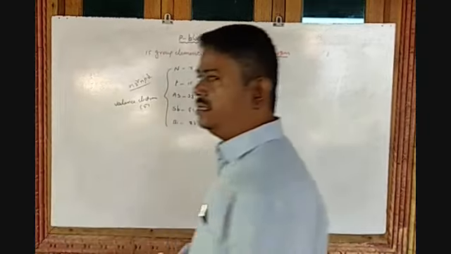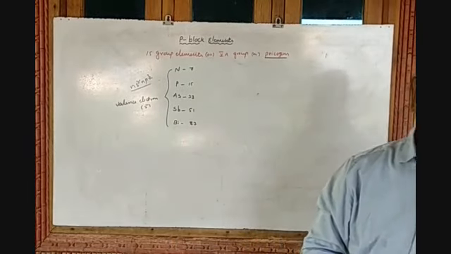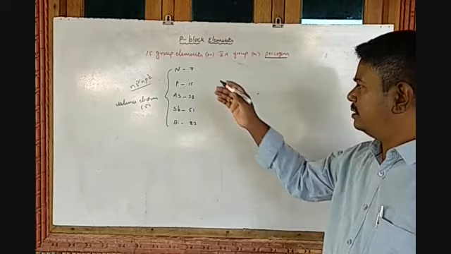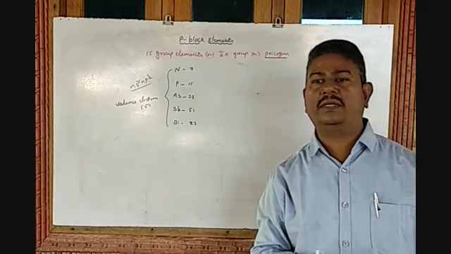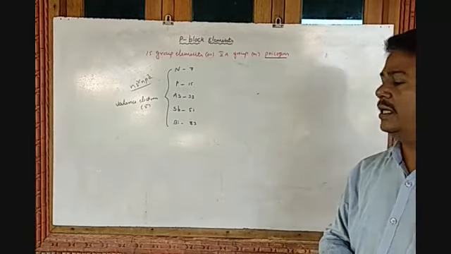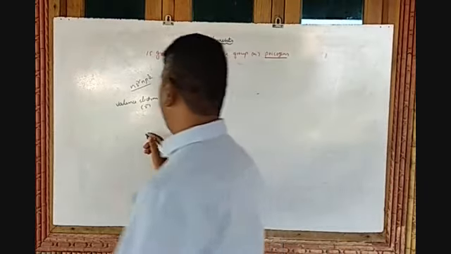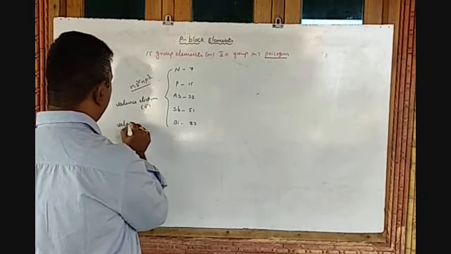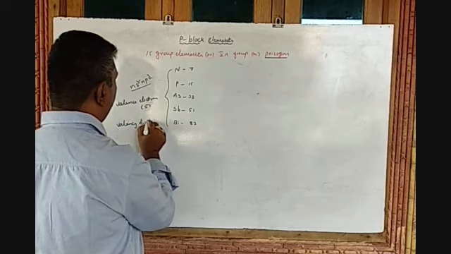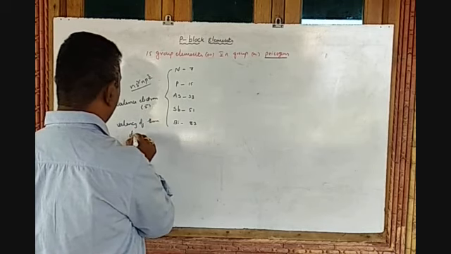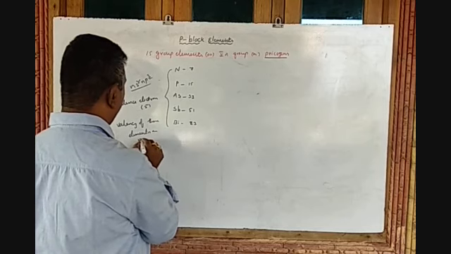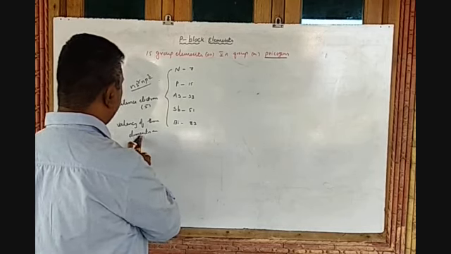How many valence electrons are there? 5 valence electrons in the outermost orbit. And this valency depends upon the group number. So generally the valency of these elements is 8 minus its group number.